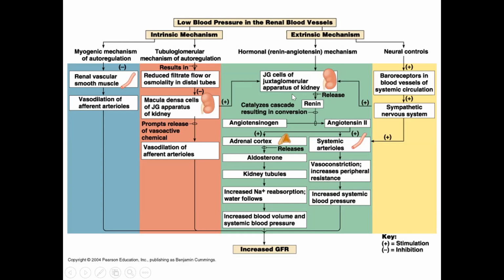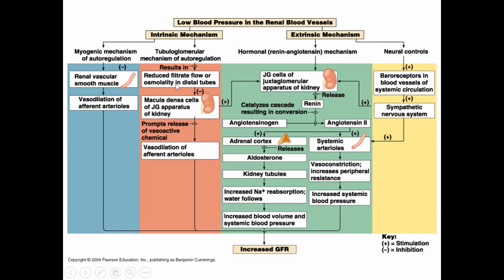These are the mechanisms. So we were talking about this row here. So let's just pick up this one. Okay, the systemic blood pressure is lower, and then the filtrate flow is going to be slower.